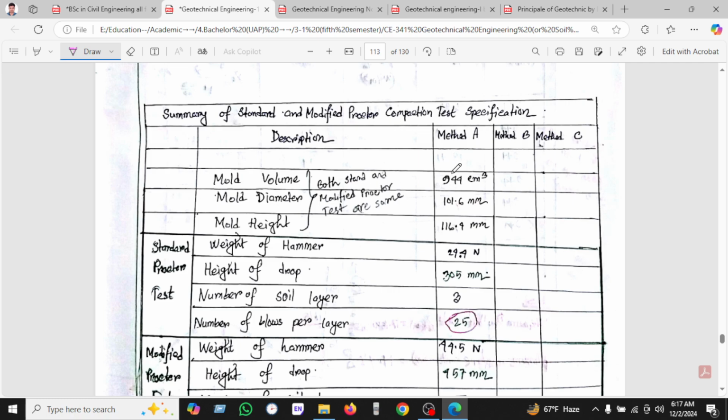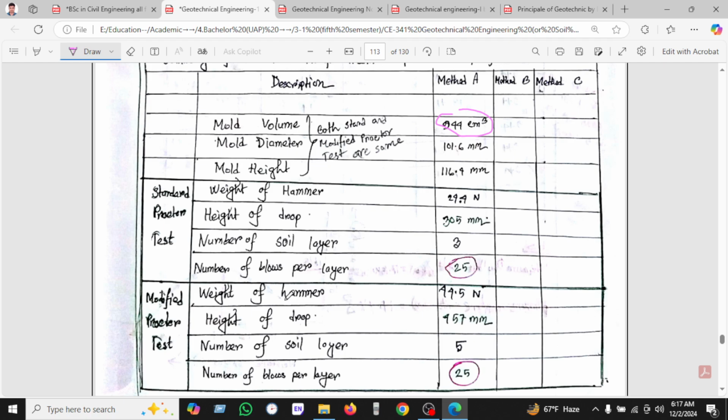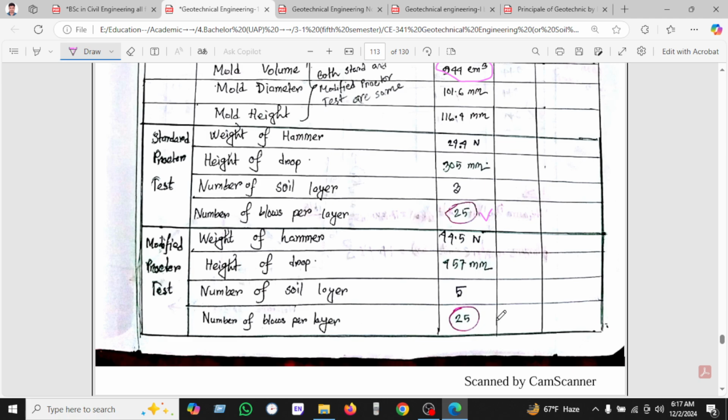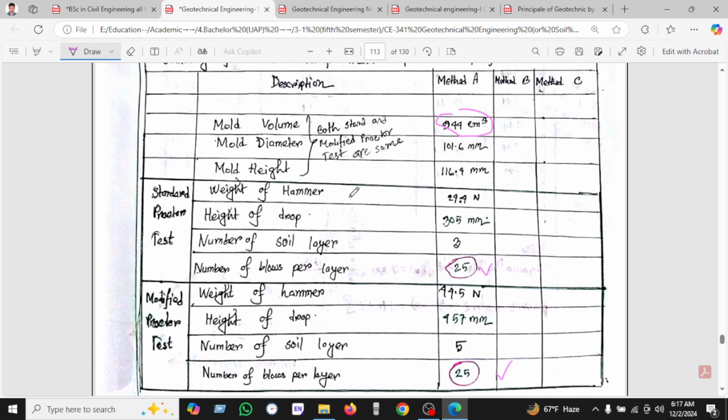The mold volume, we know, is 944 cubic centimeters, so we have to memorize it, and the diameter is 101.6. In the standard Proctor test, we have seen the number of blows per layer is 25. The modified Proctor test also has 25 blows. But the difference is the hammer weight: in the standard Proctor test it is 24.4, while in the modified Proctor test it is 44.5.